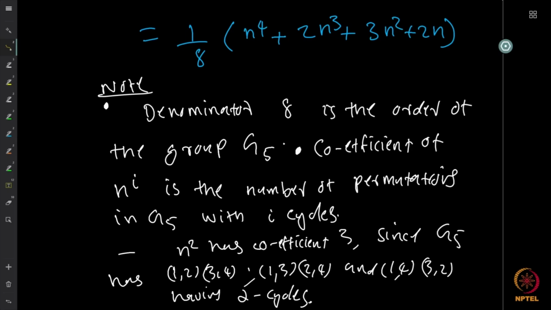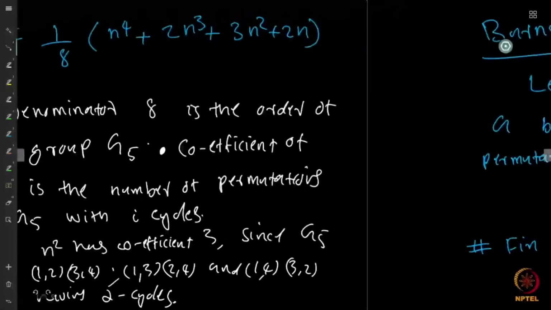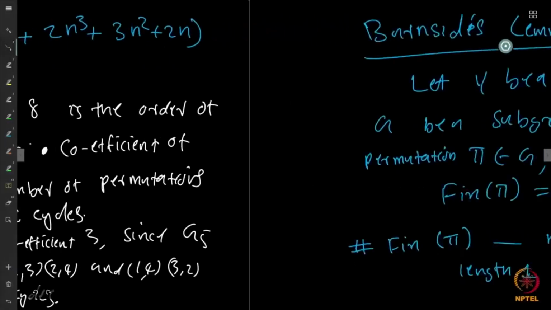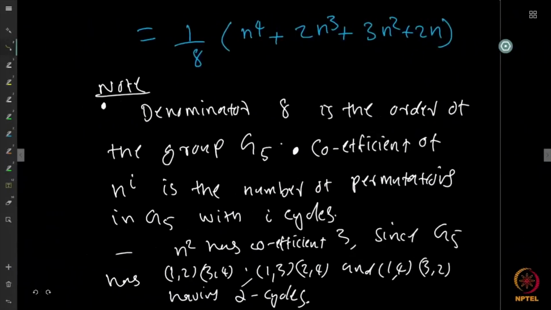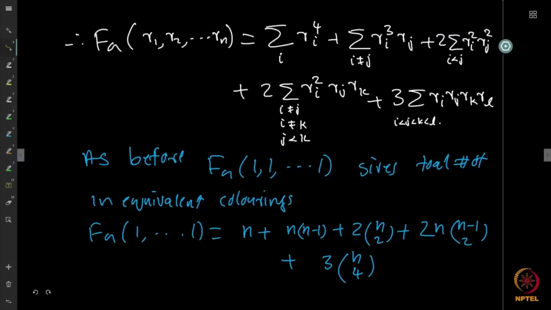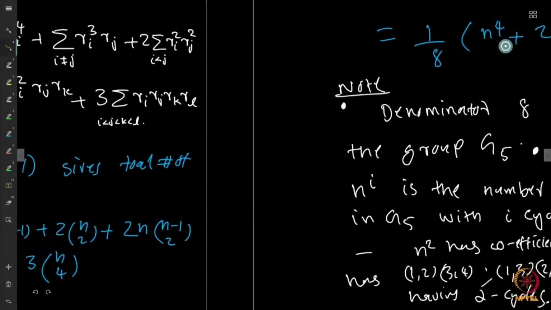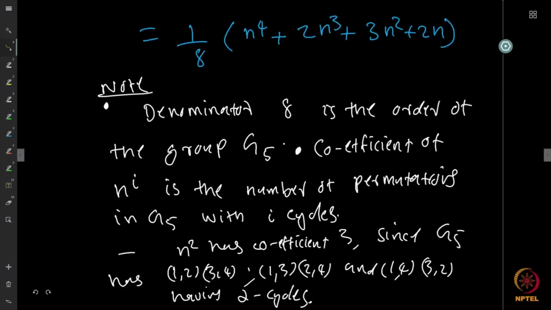So this is an observation that we can make. Okay, and this is one example that I had already written here. Now we want to show that this is actually the case for all such situations, right?